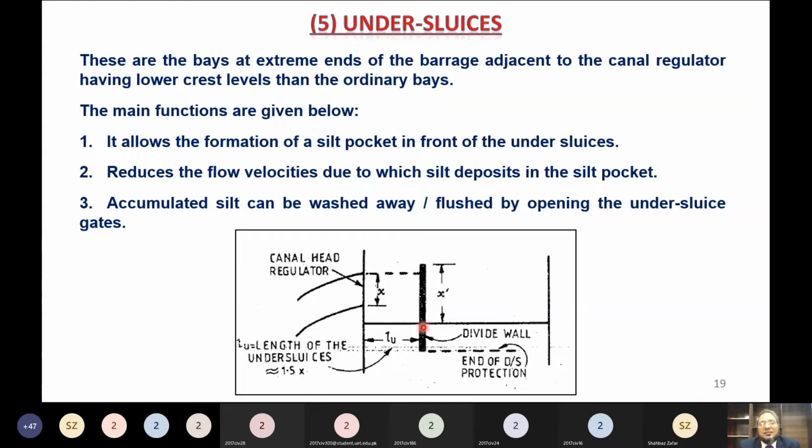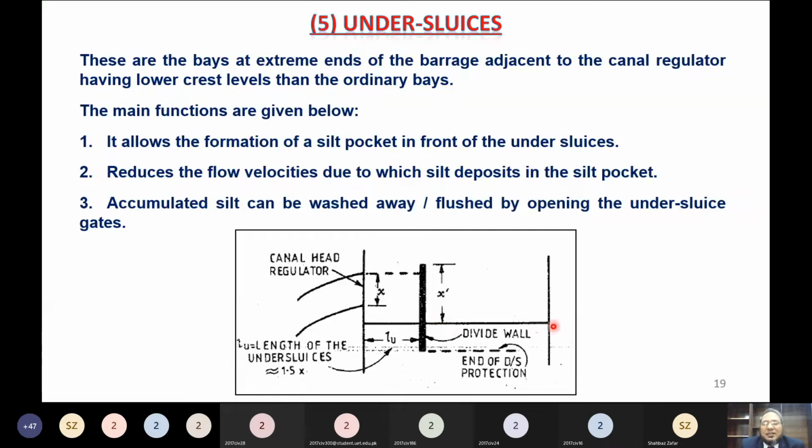Then these undersluices are used to flush this sediment. We do the flushing of the sediments in the closure period, when the gates of the head regulator of the main canal are closed, in January, when we don't see water in the rivers. Then the whole discharge is passed.